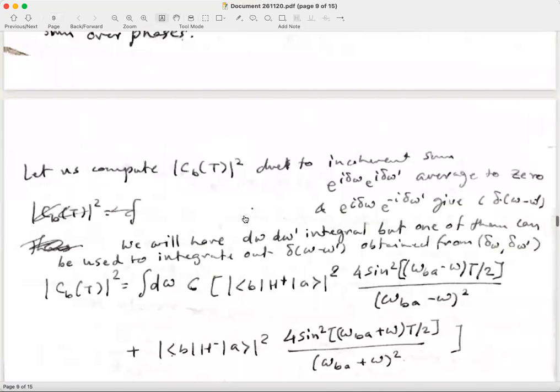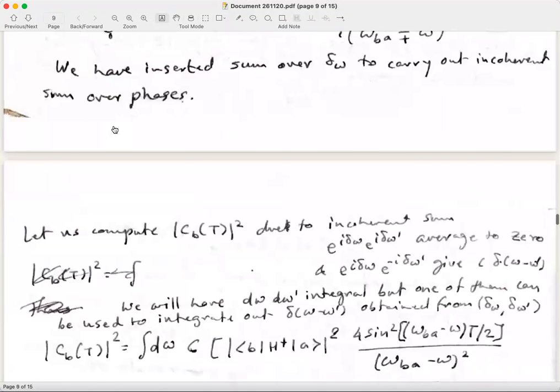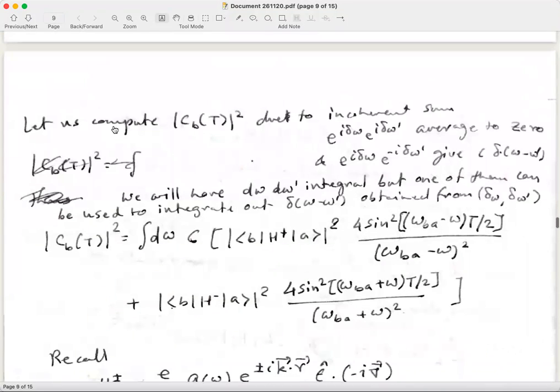This is of course the amplitude of finding the particle in the state B when you started with the initial state A, which is different from B, at time t equals 0. So let's compute the probability. For that, you will have to compute mod CB squared.